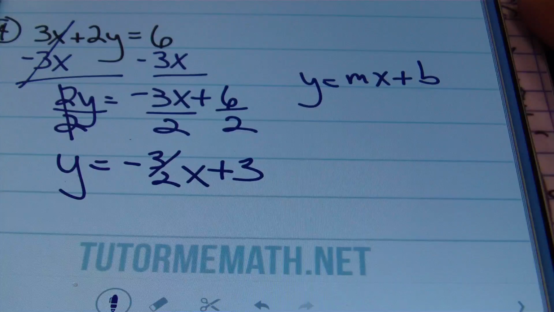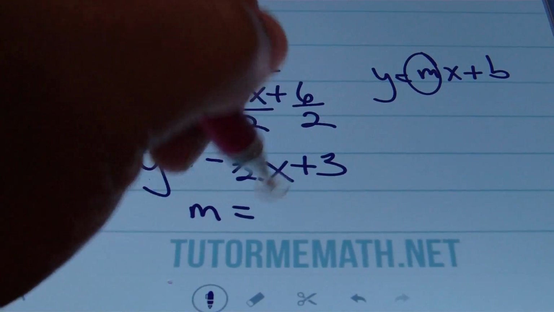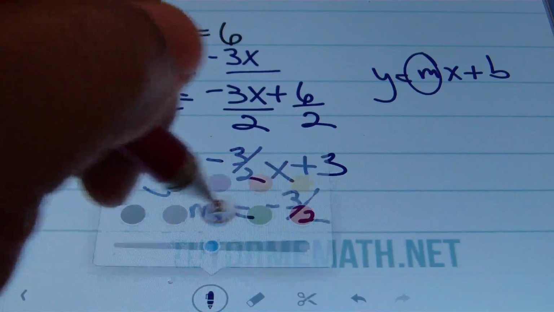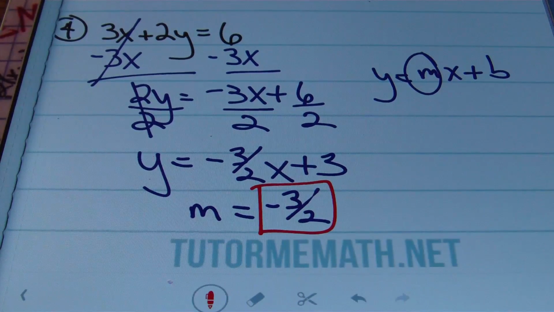That's the slope-intercept form. And I want that m value. That's right, the coefficient, the number in front of the x variable is your slope. So that means that in our equation here, the slope is equivalent to negative 3/2 and done. That's it. Our slope is negative 3/2 for problem number 4.